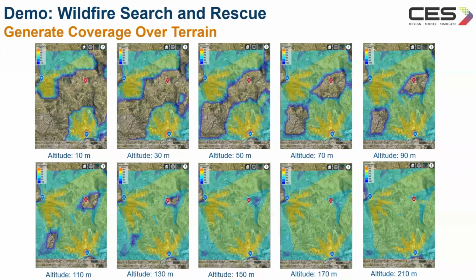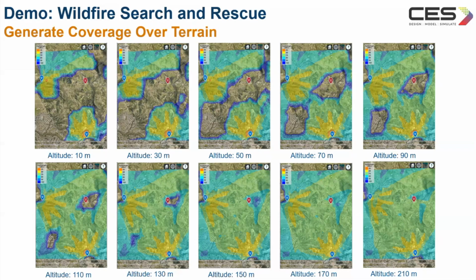In the range of 130 to 200, we see a substantial improvement in coverage around this target location. Beyond that, the coverage becomes more uniform, right? And the gains begin to diminish, indicating the trade-offs in this altitude.